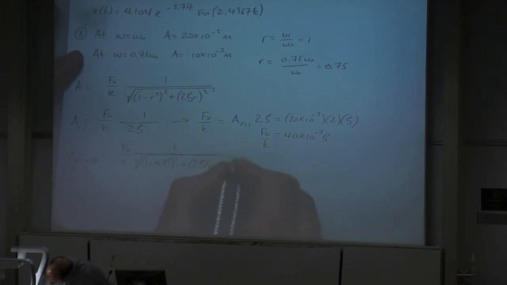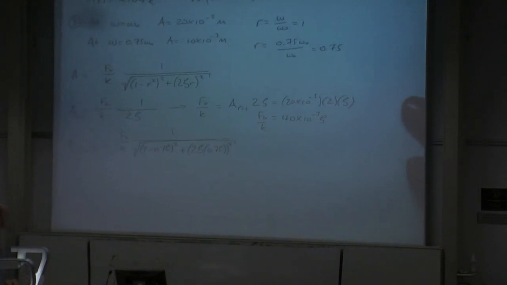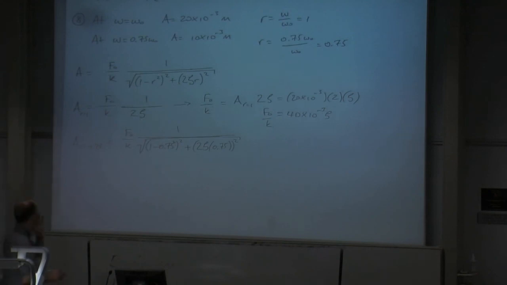We've got a value of F0 divided by K in terms of zeta, so we can plug that into this equation. If I divide both sides by that, then I can end up with A at R 0.75 divided by F0 upon K. We know that that is going to be 10 millimeters.